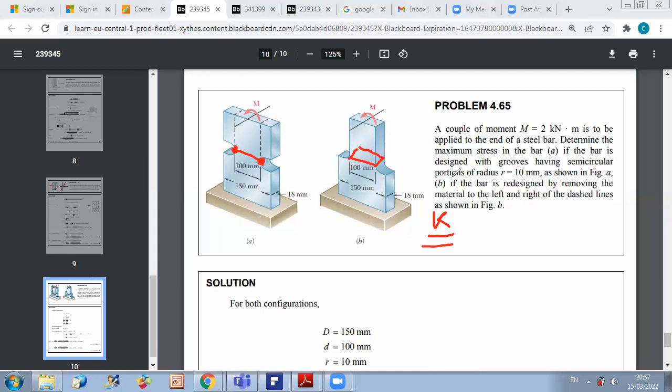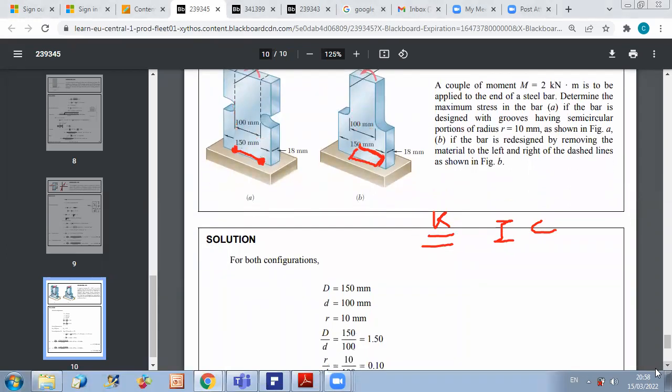So to start with, we find for this cross section, which is my critical cross section, what is the inertia about the neutral axis, and what is the value of c, and then I apply my formula to get the maximum stress to which this section is subject.